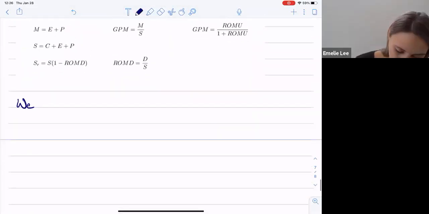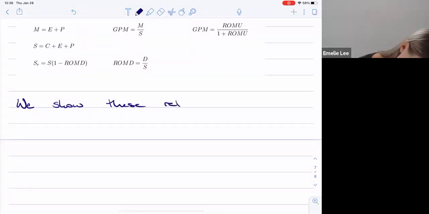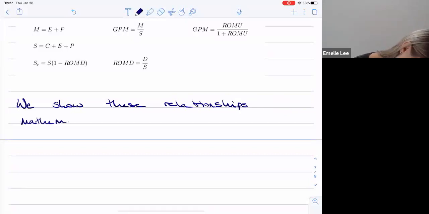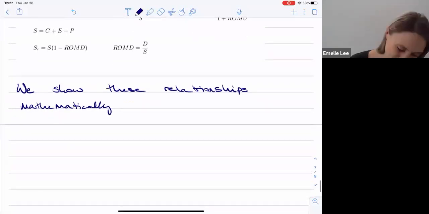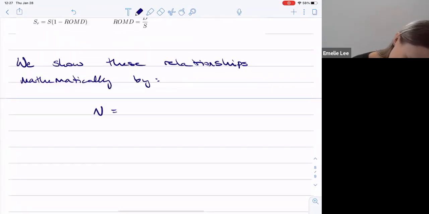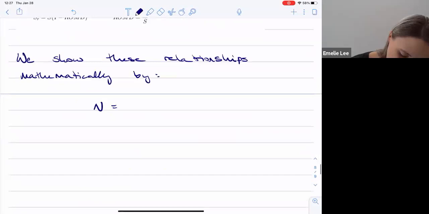We show these relationships mathematically: the net price is the list price times 1 minus D.